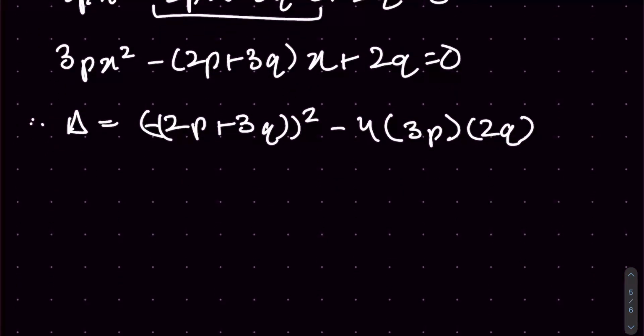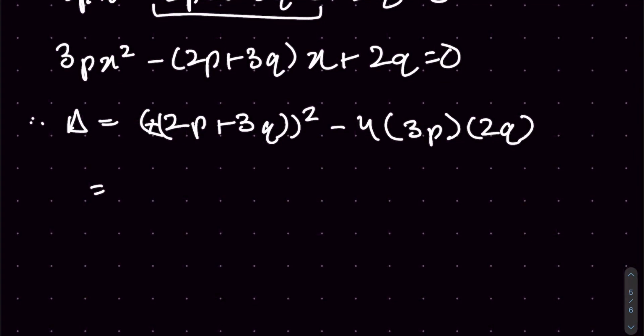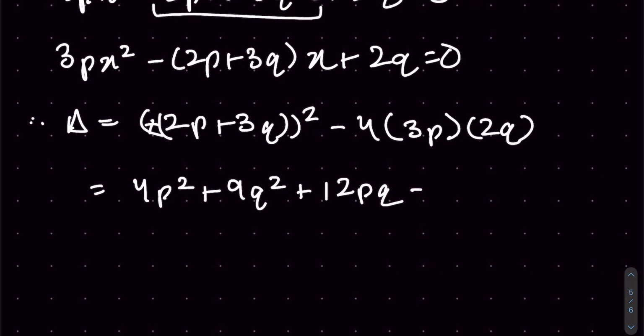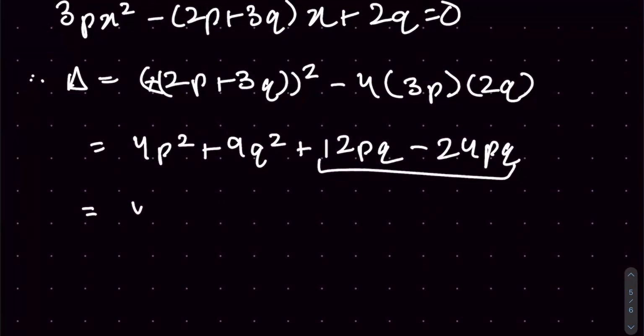Now expanding this, the negative and the squared will just become positive, so we have 4p squared plus 9q squared plus 12pq minus 24pq, which becomes 4p squared plus 9q squared minus 12pq.